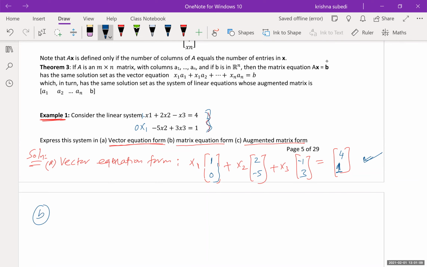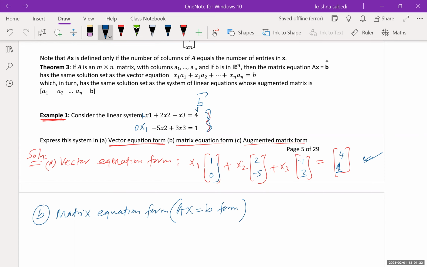Now, how can we write the matrix equation form? Okay, so matrix equation form is AX equals B form. B means always the constant part.